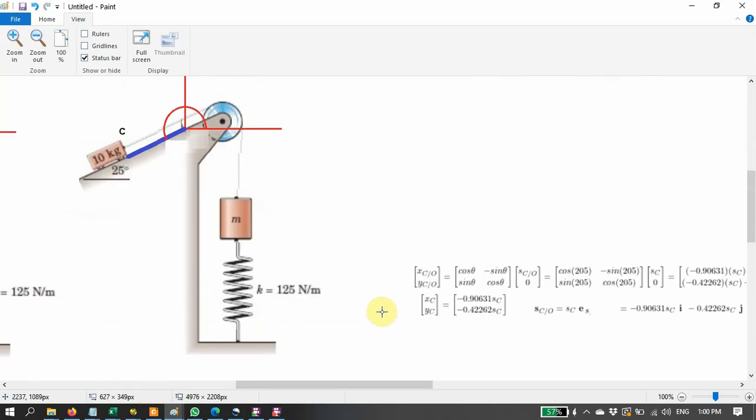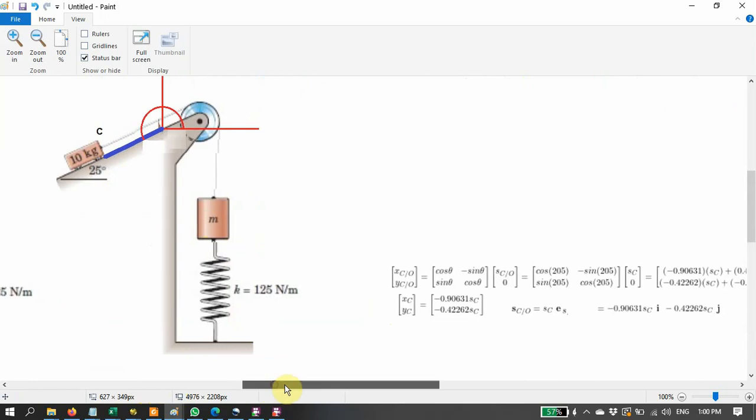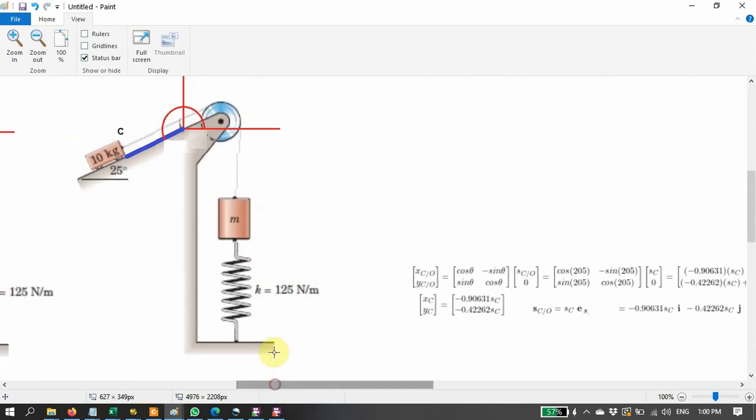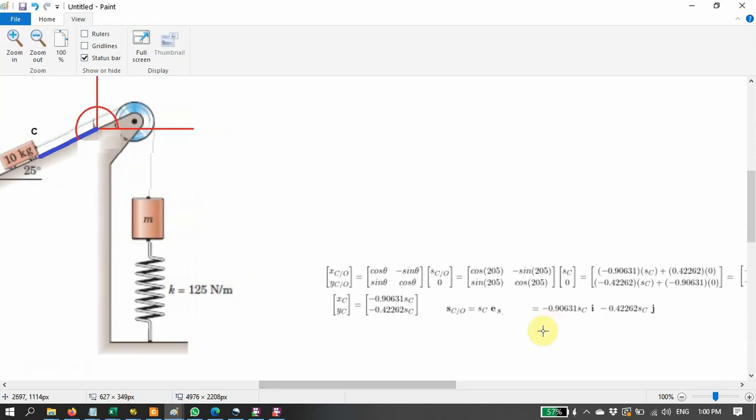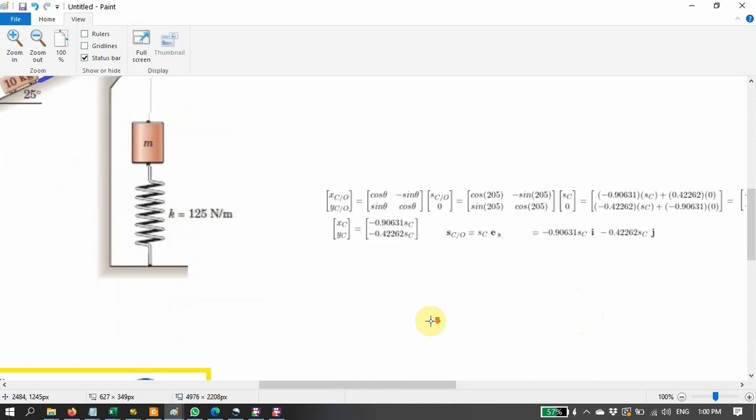Now we go to the second state. So the second state, we add mass there, right? So now the distance travelled will be SC. We are using the same coordinate system, and we find that the value of the distance travelled will be different because we have the value of SC there, right?